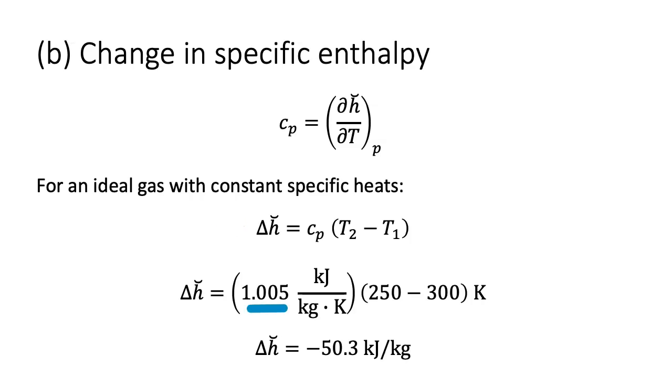Using the value for specific heat at constant pressure for air at STP and the given temperature change, we get a change in enthalpy of minus 50.3 kilojoules per kilogram. Again, note that because this is a temperature change, we can use either degrees Celsius or Kelvin and get the same result.